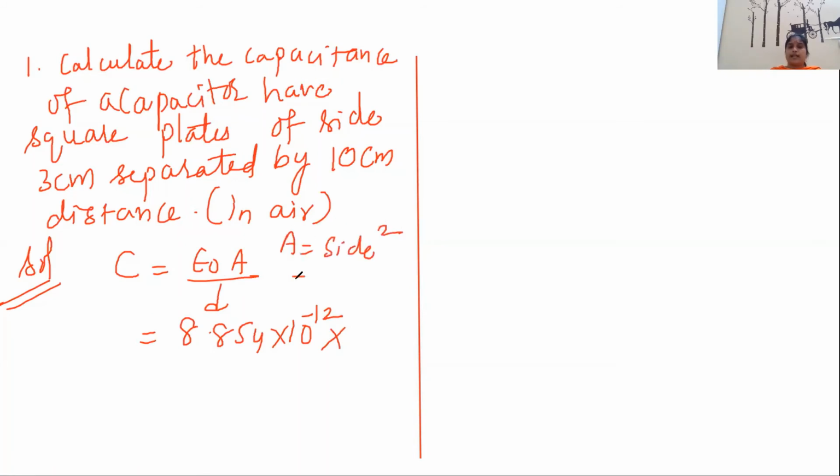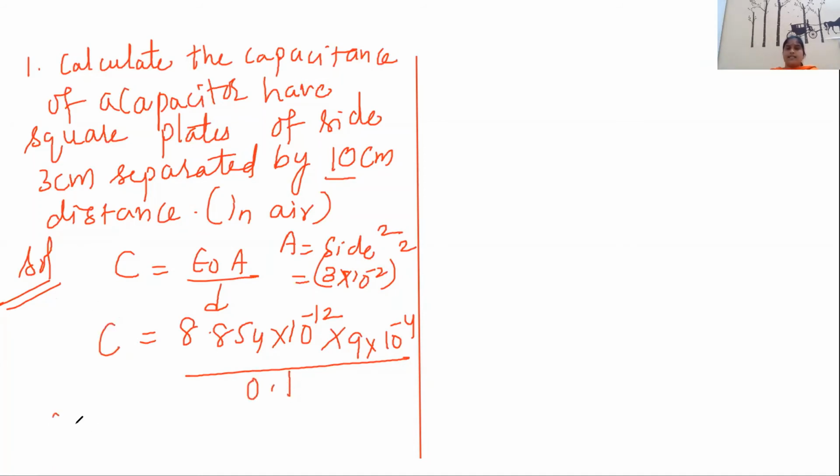Side is 3 into 10 power minus 2, squared. Why minus 2? Because I took centimeters, and I have to convert it into meters, so the whole square I am doing. So what is the A value now? 9 into 10 power minus 4, by the distance between the plates. The distance between the plates is 10 centimeters, so it is 0.1.